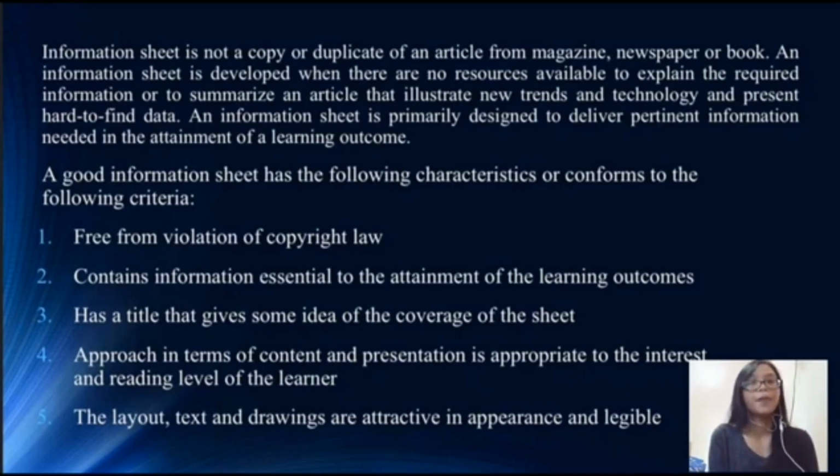Number 4, approach in terms of content and presentation is appropriate to the interest and reading level of the learner. Number 5, the layout, text, and drawings are attractive in appearance and legible. Number 6, has uncommon terms marked for further defining. Number 7, the last, has acknowledgement per copied part of the sheet.